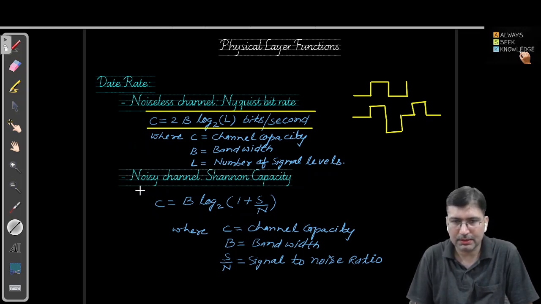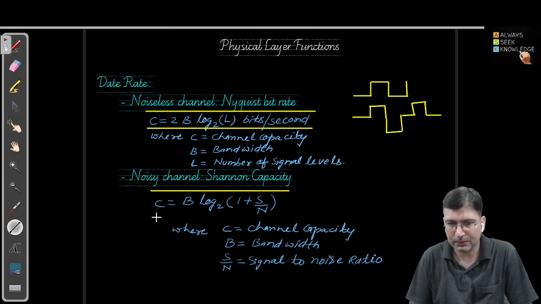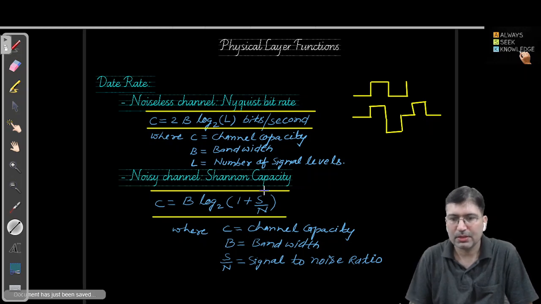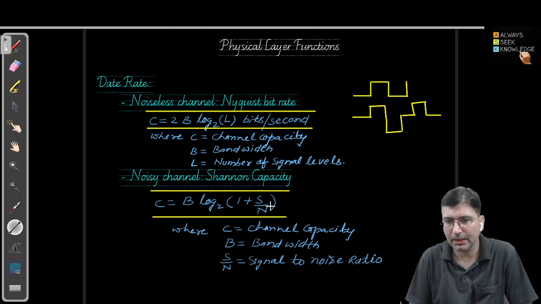But if the channel is noisy, we have to use the Shannon channel capacity formula to calculate the capacity of the channel. So this is the formula. And if your channel is noisy, in the question, the signal to noise ratio will be given. So S divided by N gives you the signal to noise ratio.